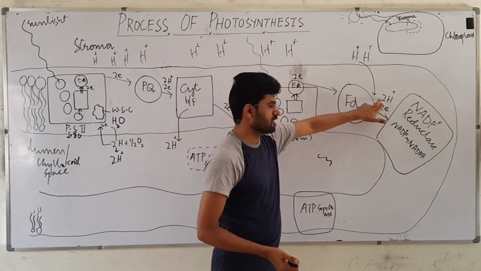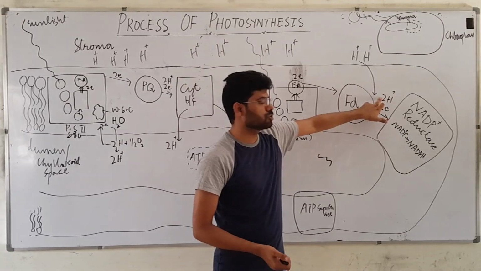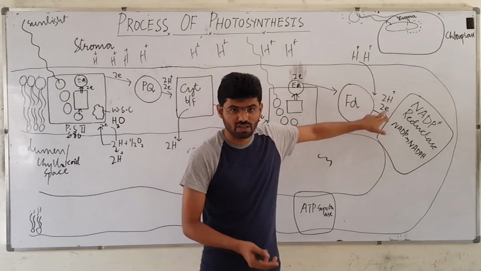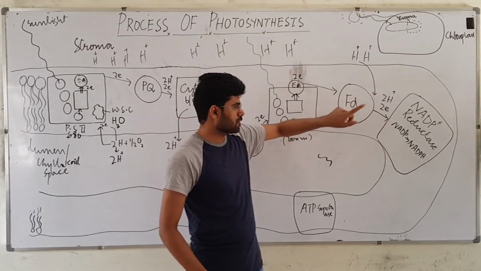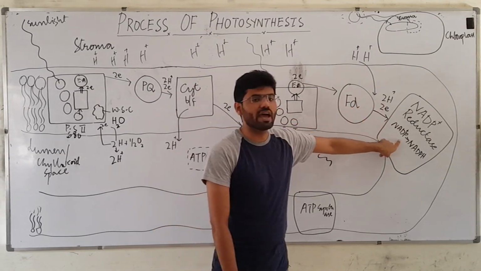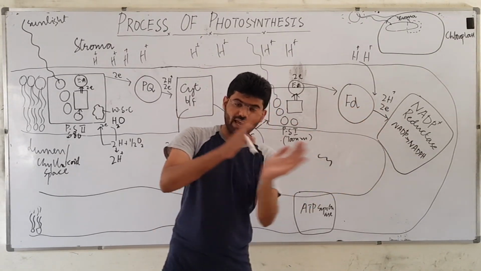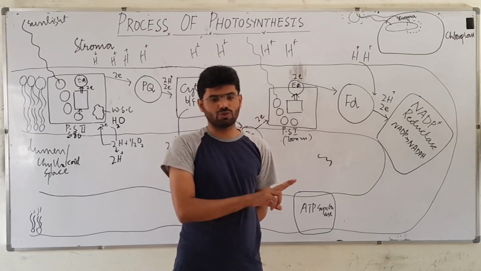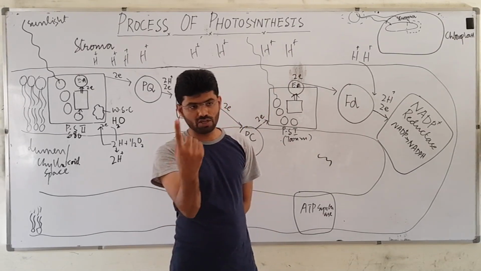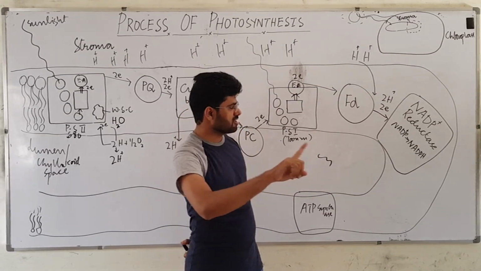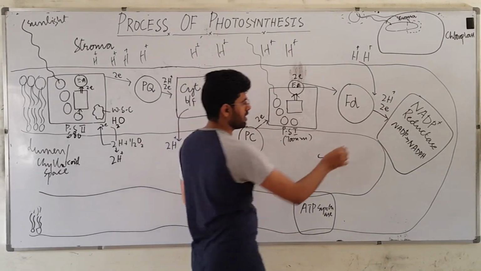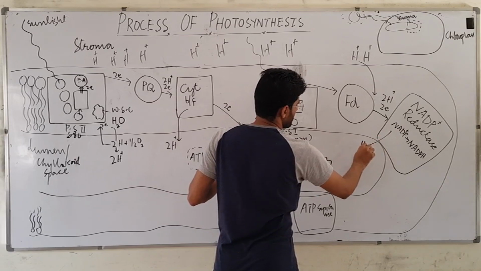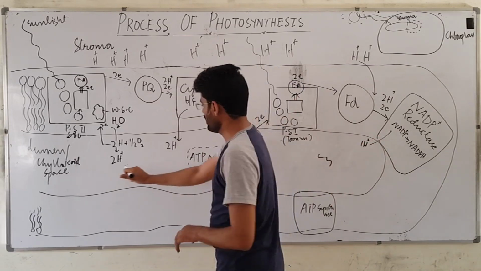As we saw, these two hydrogen, these are the two protons and these are the two electrons. When they combine, the two hydrogen atoms are given to NADP plus. But NADP will use among those two hydrogen atoms only the two electrons and one proton. It means one proton will be left over here, and this one proton is given here.